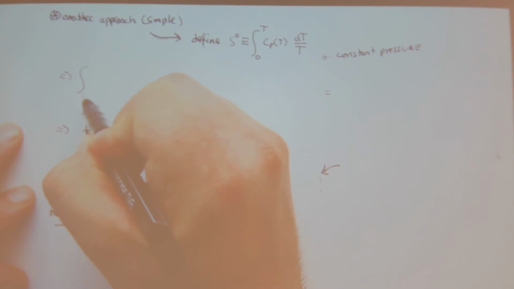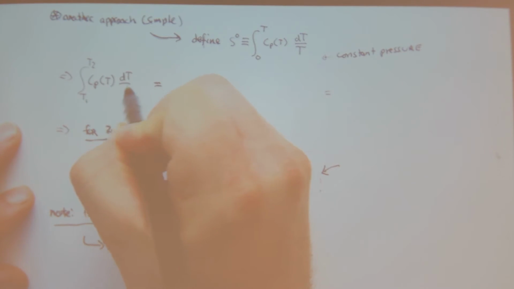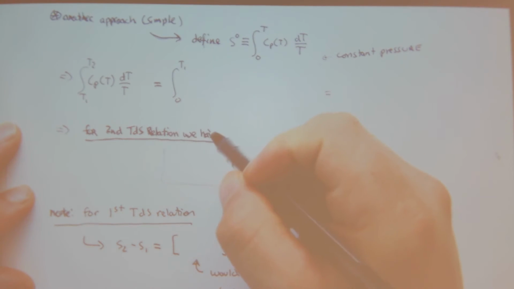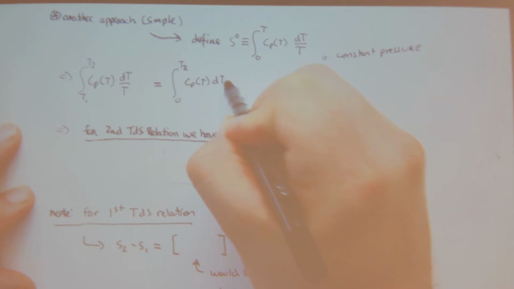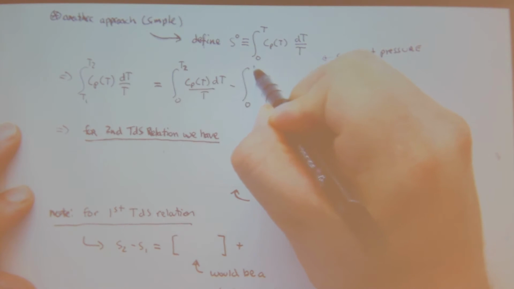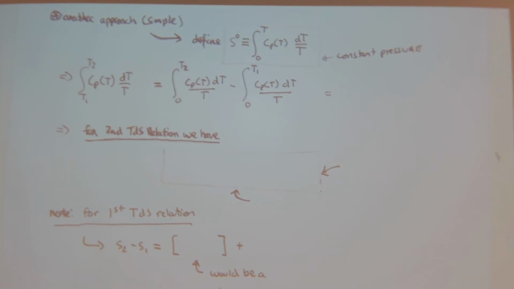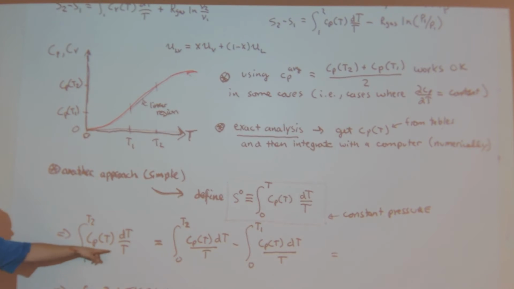I want to know the integral from T1 to T2 of Cp of T dT over T. I can break this up into parts: the integral from 0 to T2 of Cp of T dT over T, minus the integral from 0 to T1 of Cp of T dT over T. So if I look back at this curve, this integral represents the area under the curve.